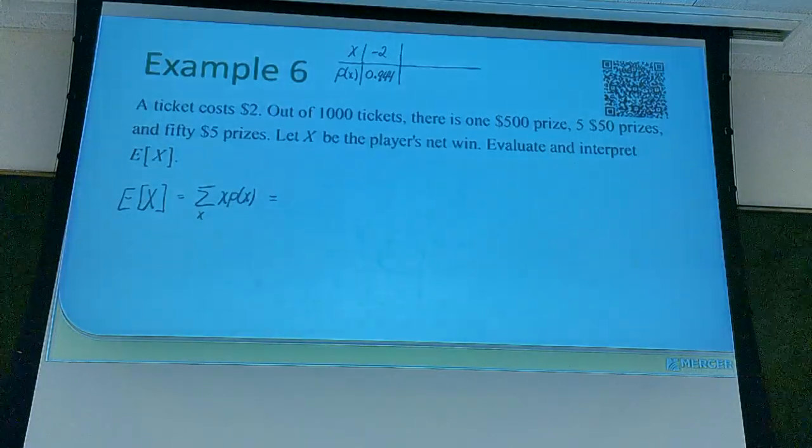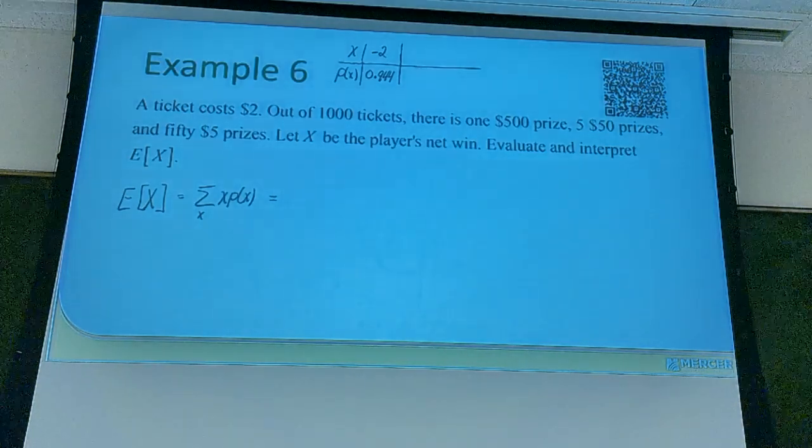What's the second smallest prize? The smallest was 0. What's the next one? So what's the prize? What's the winnings?